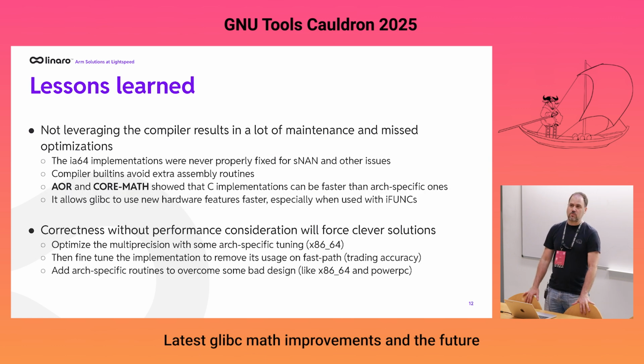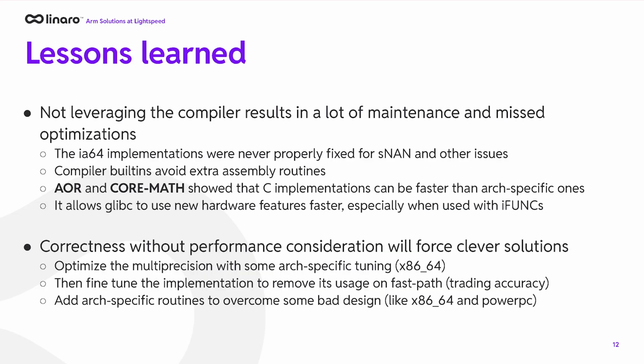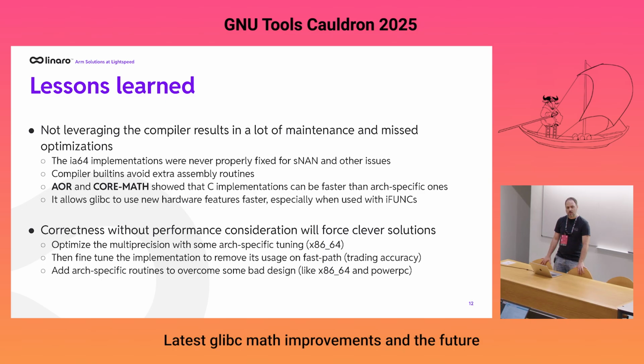So this boils down to these lessons learned, what we learned over about 20 years of development, using different strategies to implement libm and optimize the library. The first thing, which I think is the most important, is to try to leverage the compiler instead of using assembly optimizations.